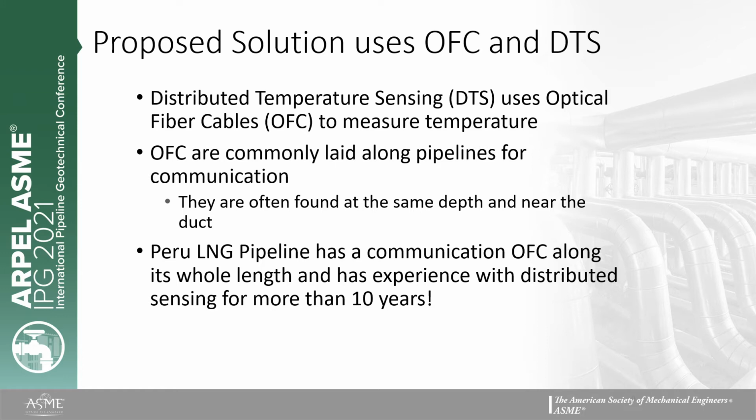More specifically, in the Sierra region, they have implemented a DTS system for leak detection and erosion detection, and also a DSS, a distributed strain sensor, for landslide detection. I will not detail the operation of the DTS in this presentation, as I have done it in another presentation about the TGP pipeline.